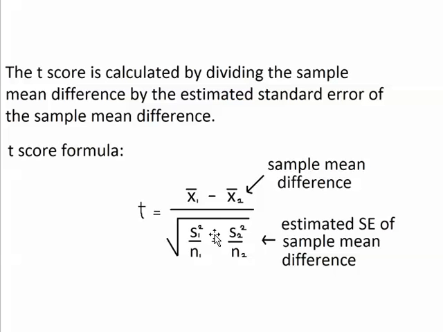In this case, the sample mean difference, the difference between the two sample means, is estimating the population mean difference. If these two sample means are estimating how far apart the population means are, what this standard error tells you is how accurately the sample mean difference is estimating the population mean difference.